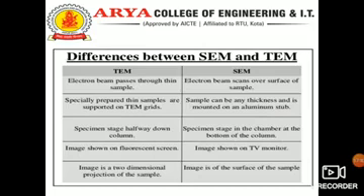In TEM, the image is shown on a fluorescent screen, and in SEM the image is shown on a TV monitor. In TEM, the image is a two-dimensional projection of the sample, and in SEM, the image is of the surface of the sample.